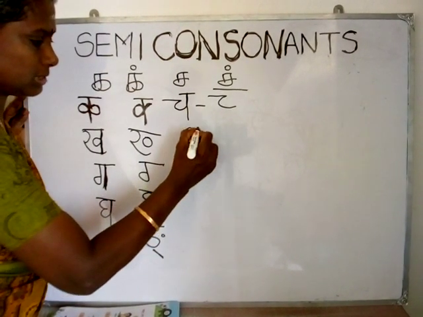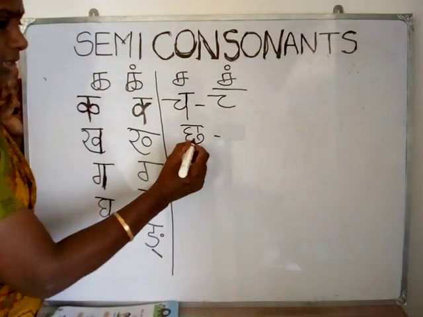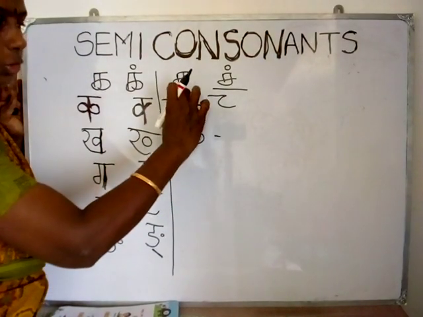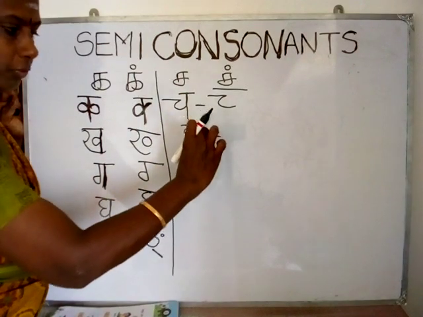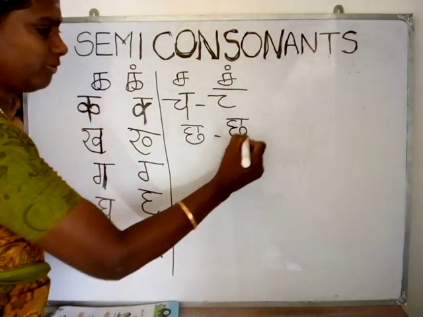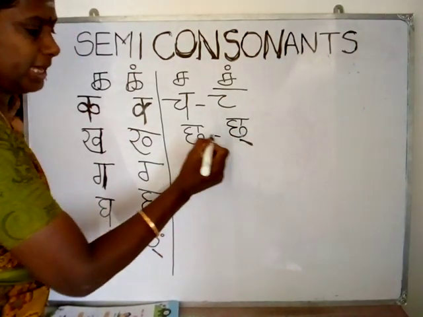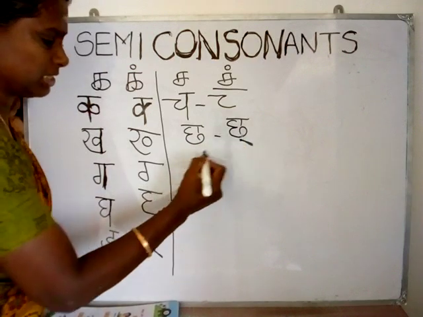Here there is no such full line. So what we should do is, you have to put a dot and a small cross line. This is cha and this is ich.